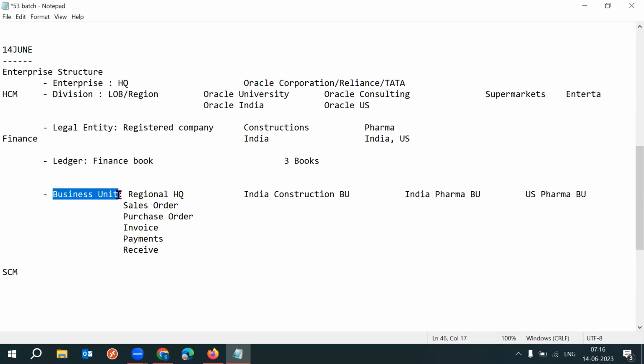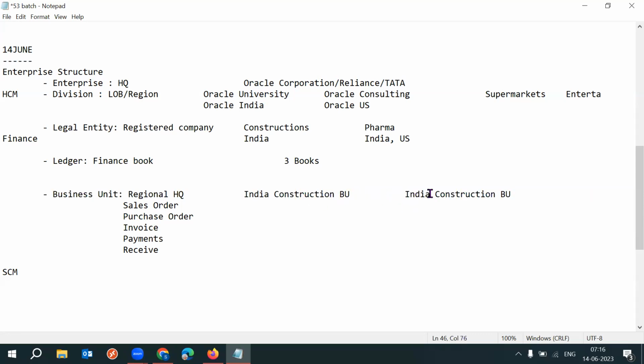Generally the business unit is created one for one country and one for one line of business. What I'm trying to say is, suppose I have only one line of business, that is constructions, and I'm operating in two countries. How many BUs do I need?